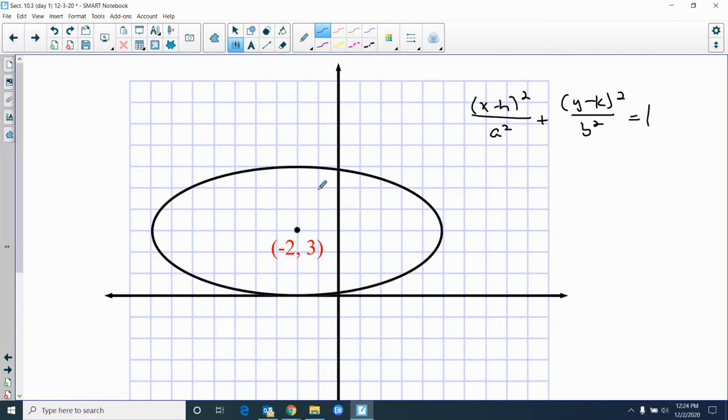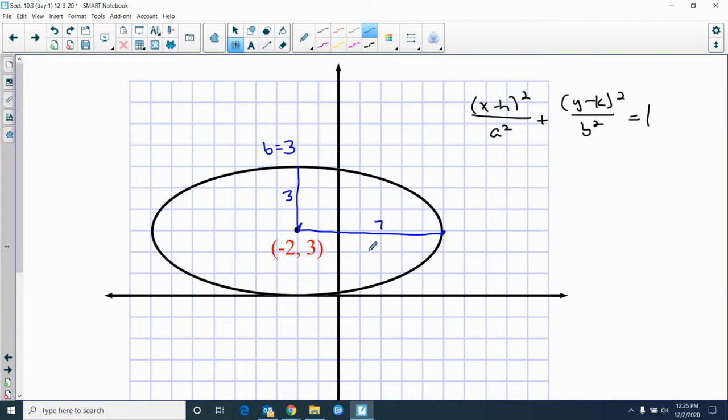Well, our center is negative 2, 3. We need to know the length all the way to this, which will be one of the vertices, and then we need to know this length, which is the endpoint of the minor axis. Well, the first length is 1, 2, 3, 4, 5, 6, 7, and this is 3. That means B is 3.